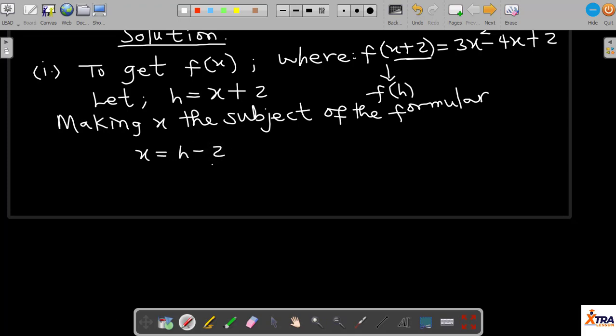Since x is now h minus 2, our f of x plus 2 now becomes f of h, which is equal to 3x squared minus 4x plus 2.